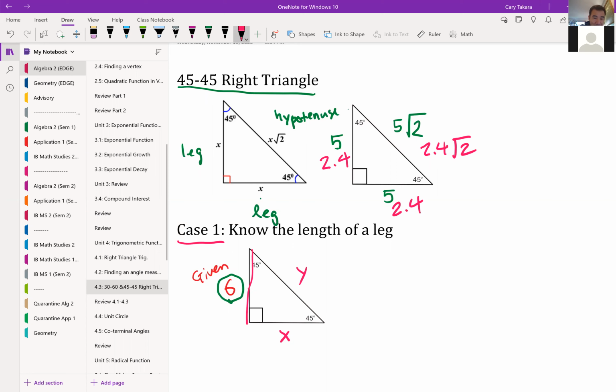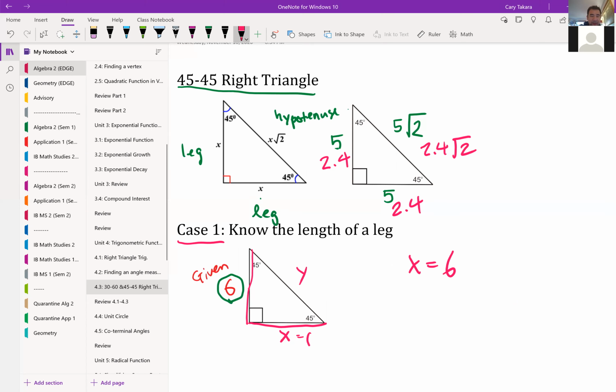Because both of the legs are the same. If it's a 45-45, it creates an isosceles triangle. So both sides are the same. So x is going to be 6 as well.